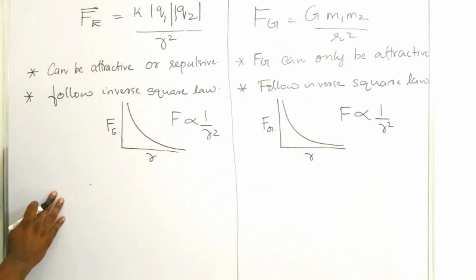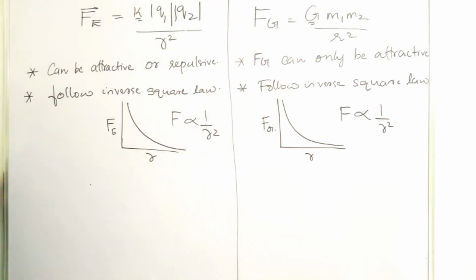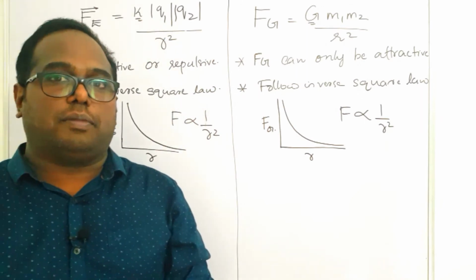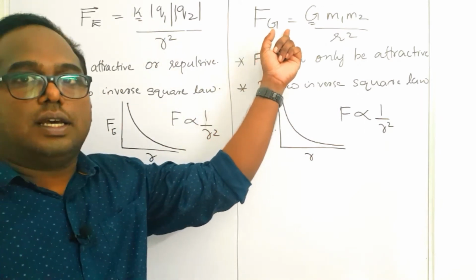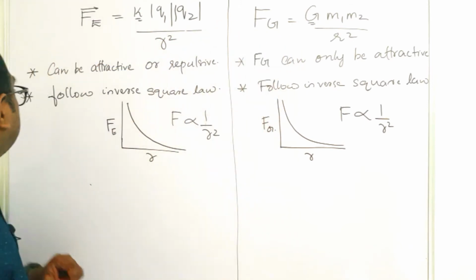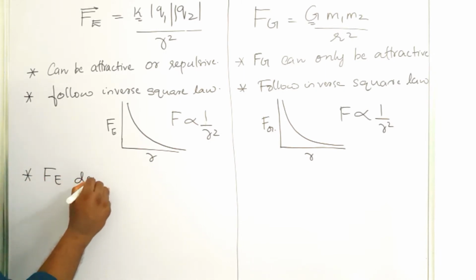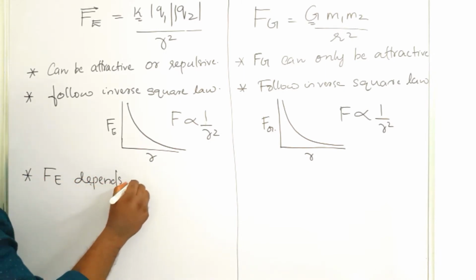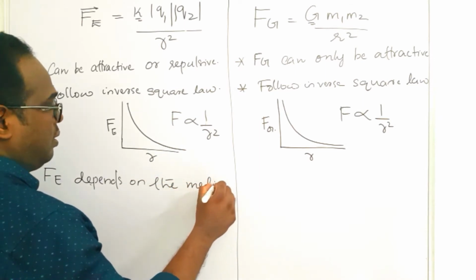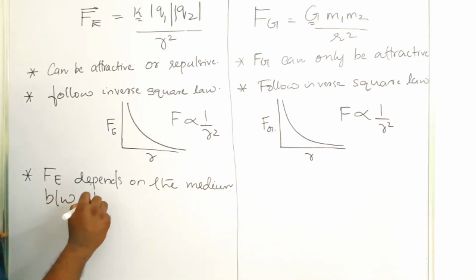Next we can compare these constants, K and G. G is a universal constant, and K depends on the medium. So the gravitational constant does not depend upon any medium, while K depends on the medium. So next: electrostatic force depends on the medium between charges.